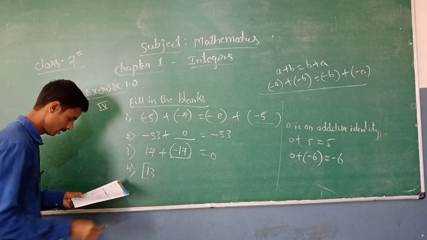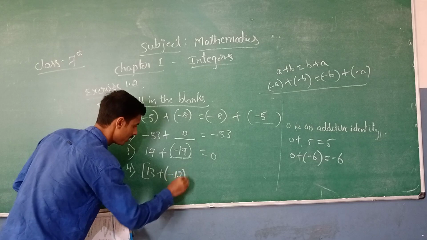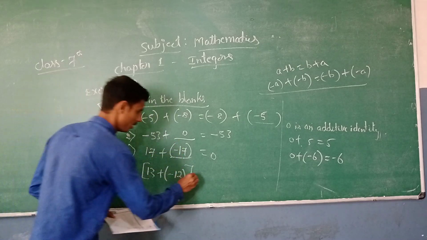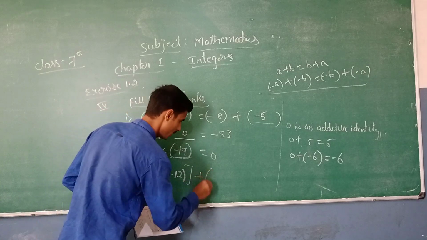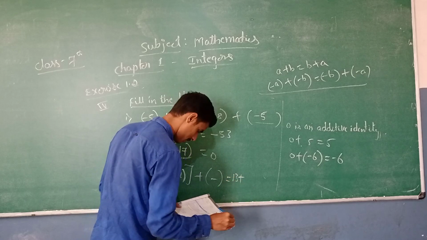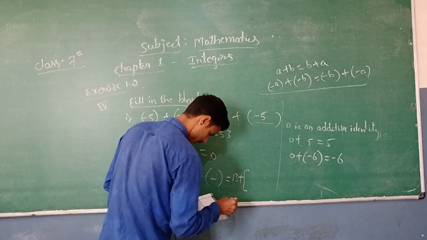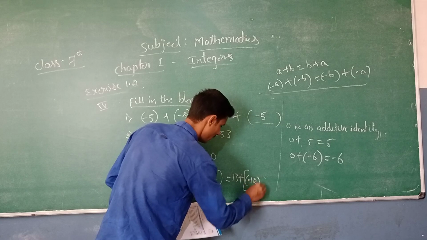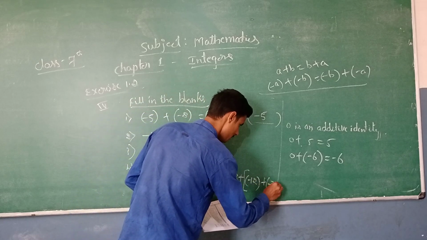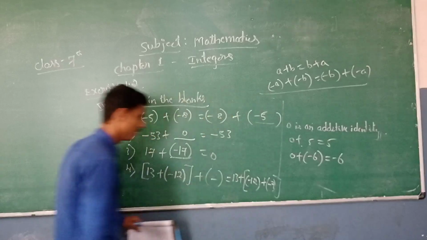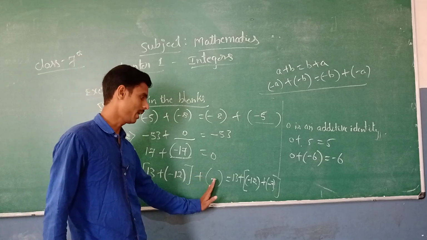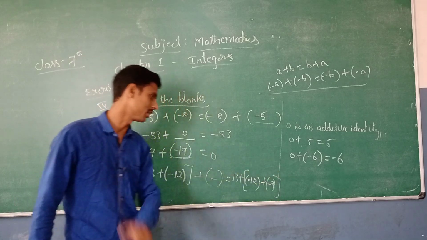Fourth one: 13 plus of -12 plus dash equals 13 plus, big bracket, -12 plus of -7. See, 13, -12, here we have a blank; 13, -12, here we have 7.